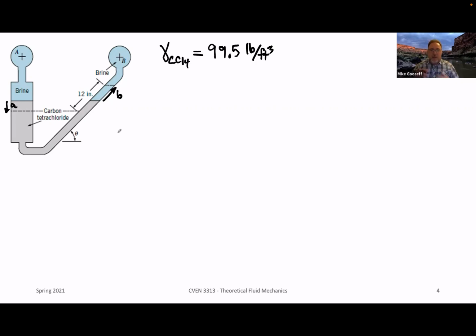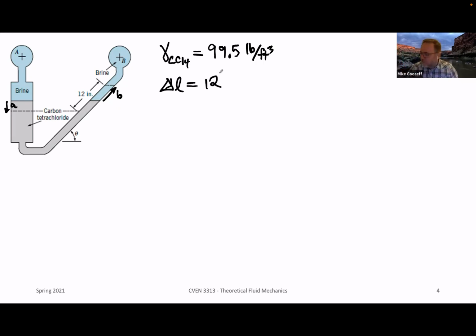So B is not a height, B is a length along this angled manometer, all right? So delta L, pardon me, it's supposed to be a delta. Delta L is equal to 12 inches. Ultimately, that's what we want, is some 12-inch difference here.